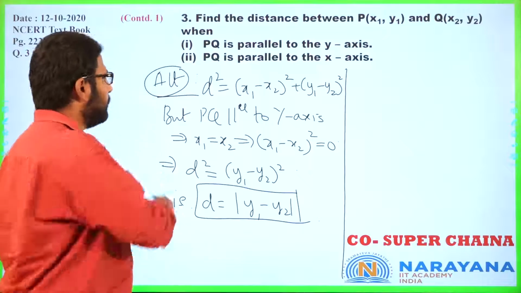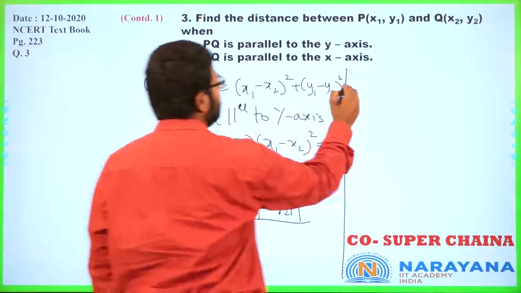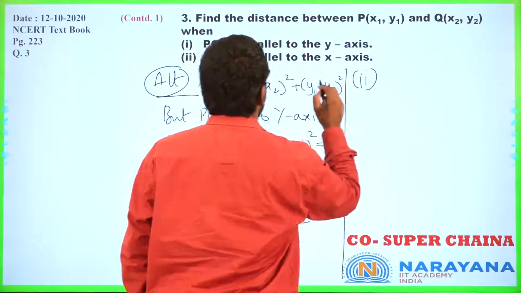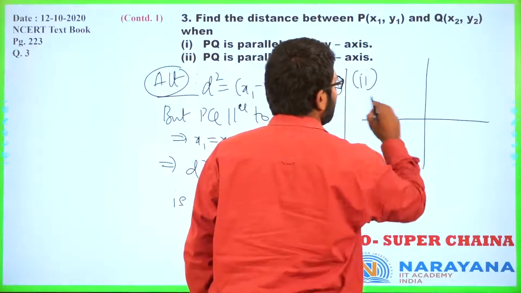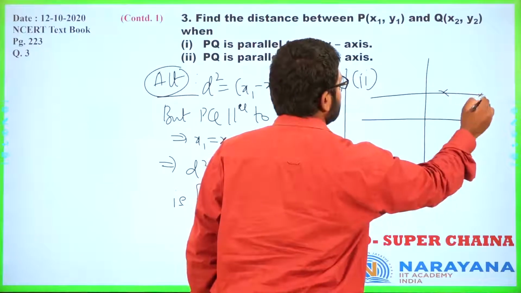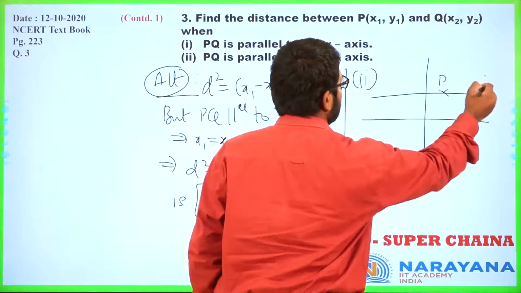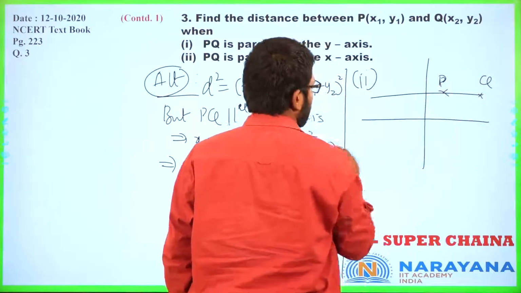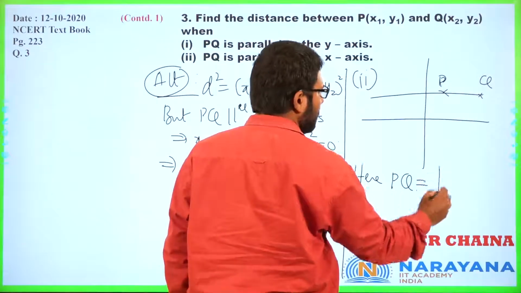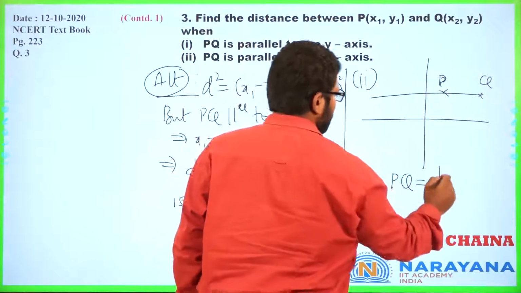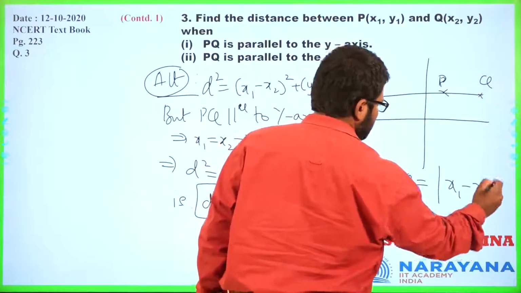Alright. So based on all this, for the second question, when PQ is parallel to the x-axis, can you directly say PQ would be mod of the difference of the x coordinates, x1 minus x2?